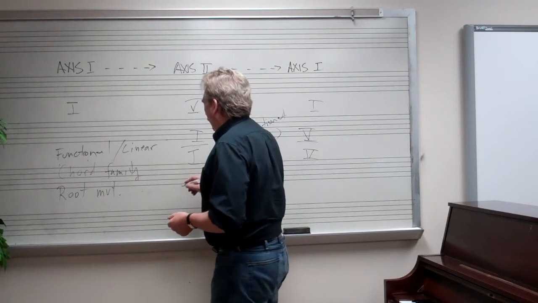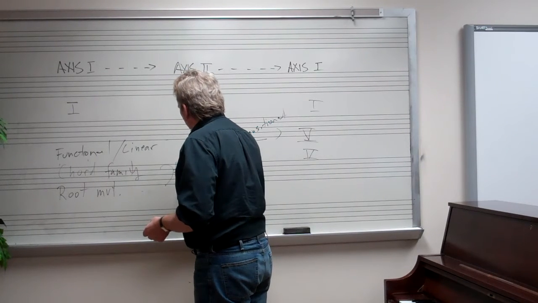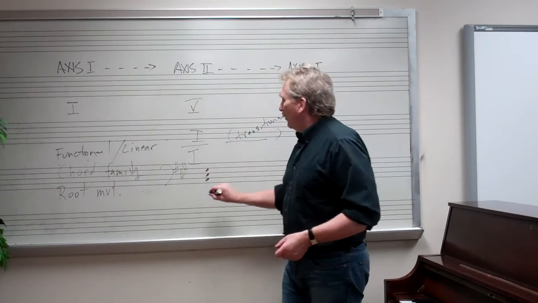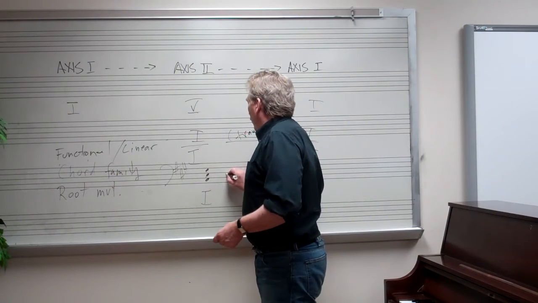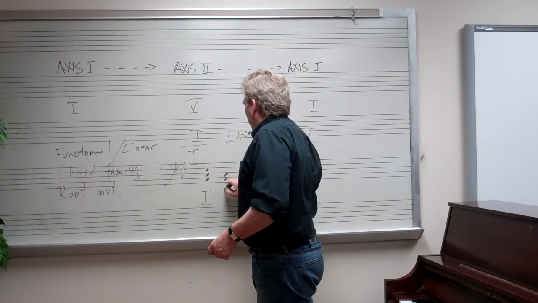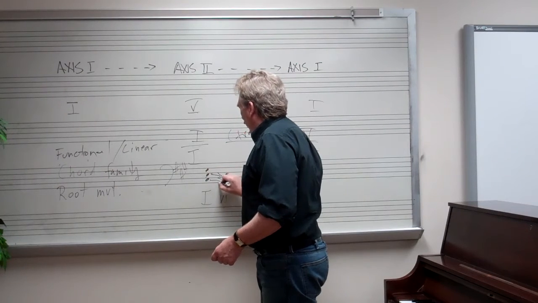So we have, for example, we'll pick a key of A major. We have our tonic. Now, in addition to our tonic that expresses axis 1, we can have a submediant. See, it has two pitches which are held in common.